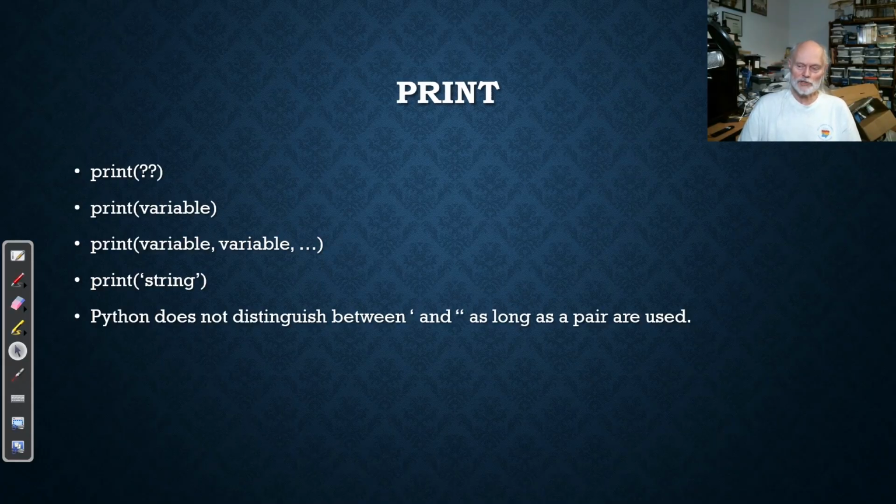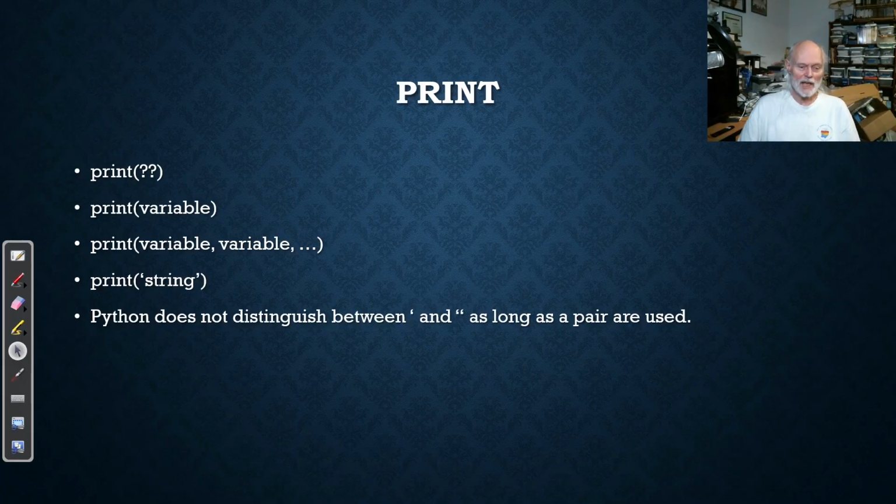The basic print function is the word print and then something in parentheses. A blank parentheses just goes down to the next line. We can put variables, more than one variable separated by commas, strings and variables, again separated by commas.